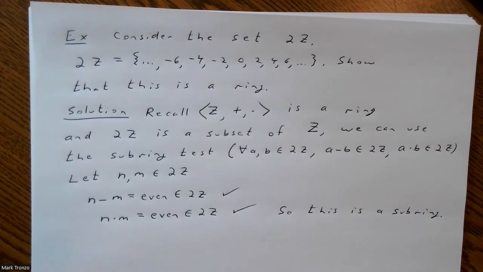Any question on that? In this case it's pretty simple: take two typical elements and ask, is that element going to be in the subset when we take the difference of the two and multiply them? Any questions on that?